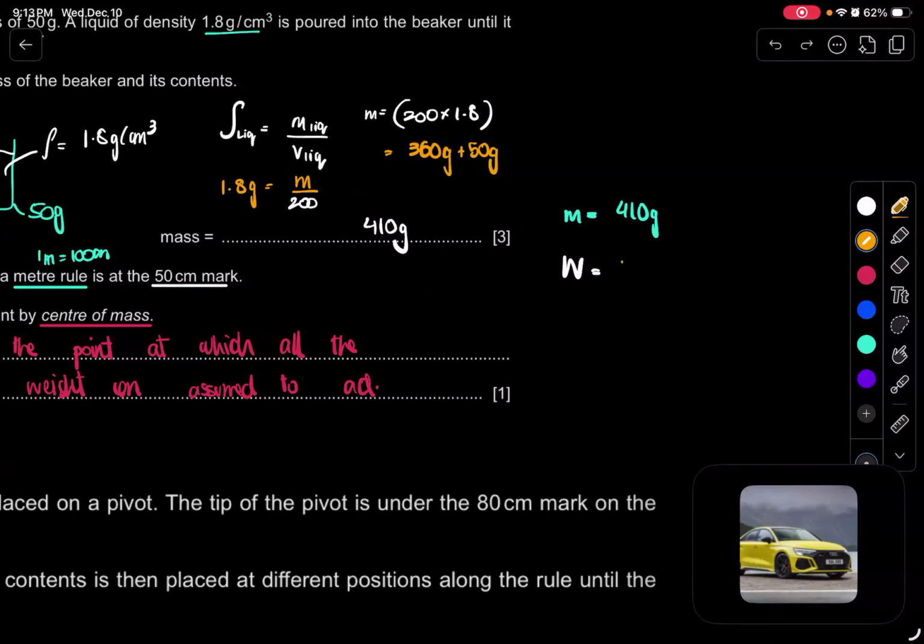So what is weight? Weight is equal to mg, right? So 410, not 410, but mass is always in kg. So 0.410. Okay, so 0.410 times g is going to be the weight of the beaker.